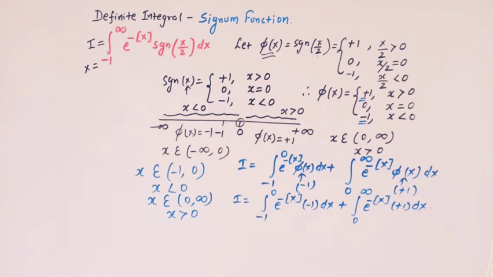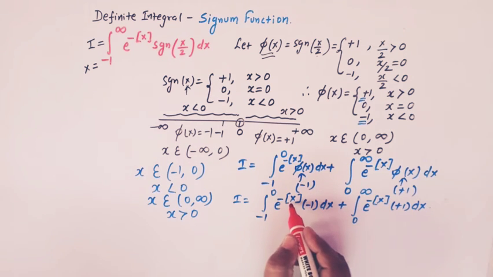Okay, so now in these two integrals we have the greatest integer function, which is greatest integer x. So let us now utilize the definition of greatest integer function, right?